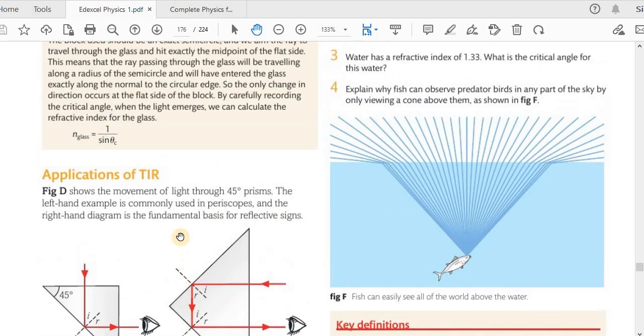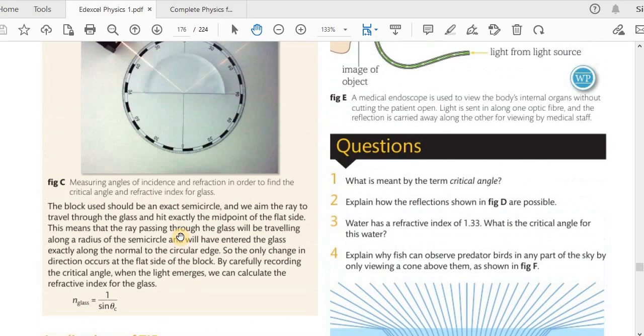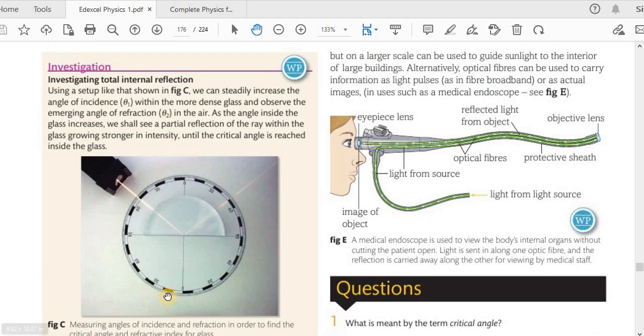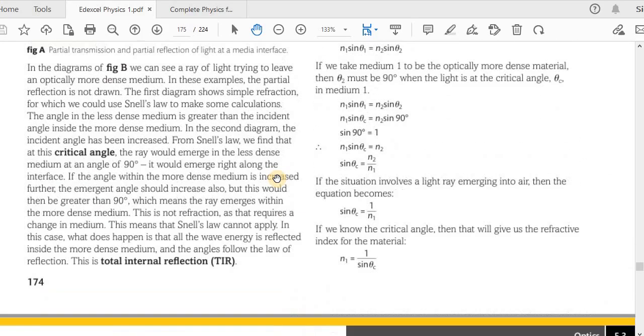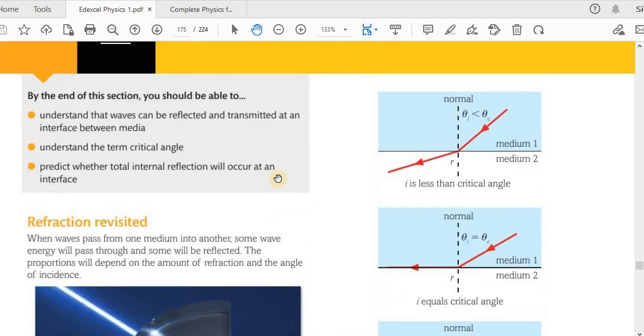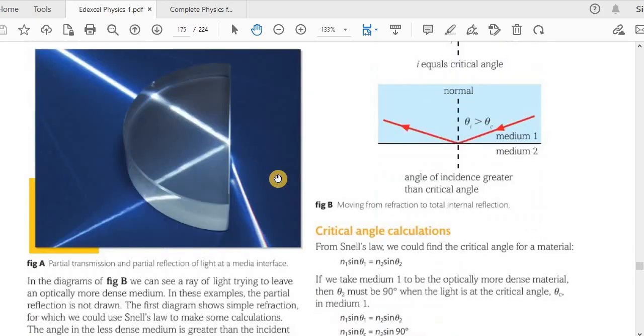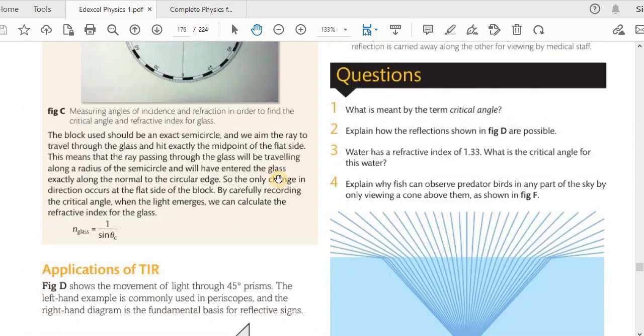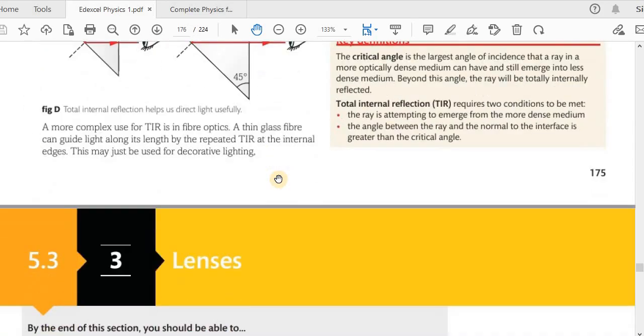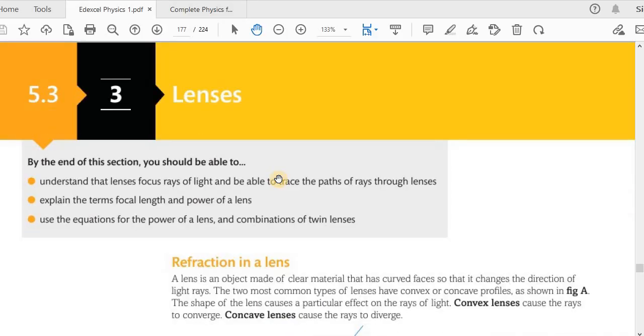Then you saw some uses of total internal reflection. You saw how to find the critical angle, the experiment, and I told you you can watch the video explanation of this. So make sure you go through all that. And that's the end. Now next lesson we will see lenses.